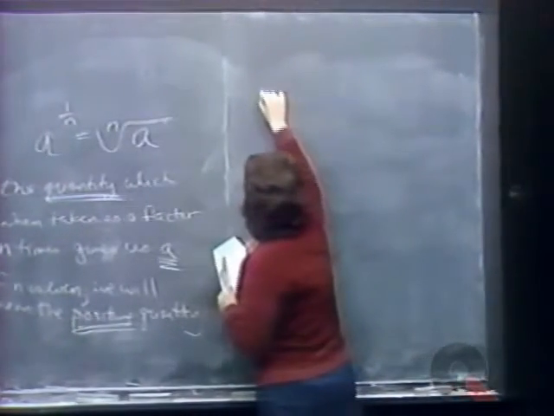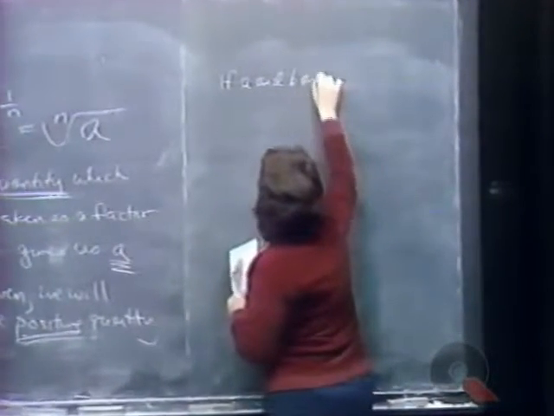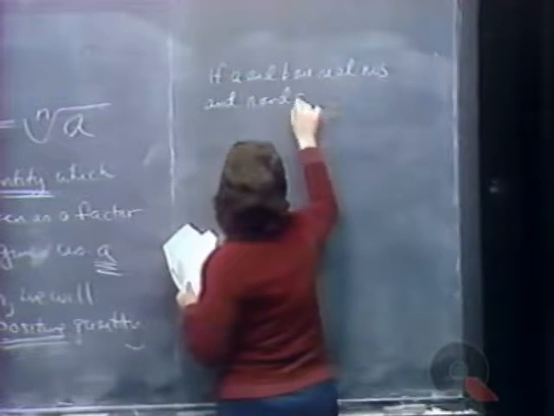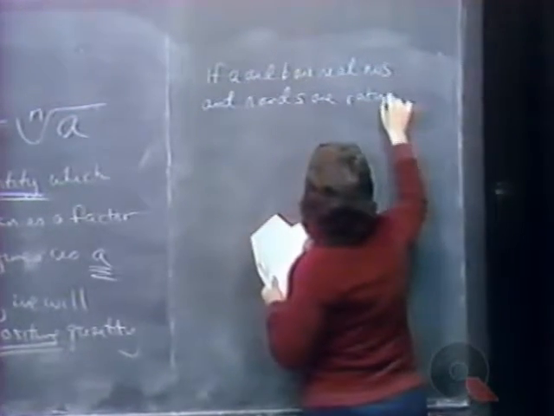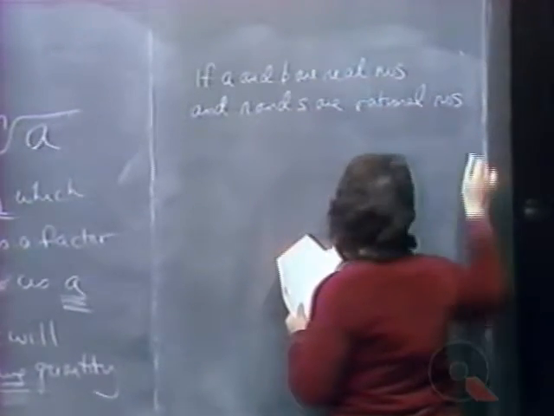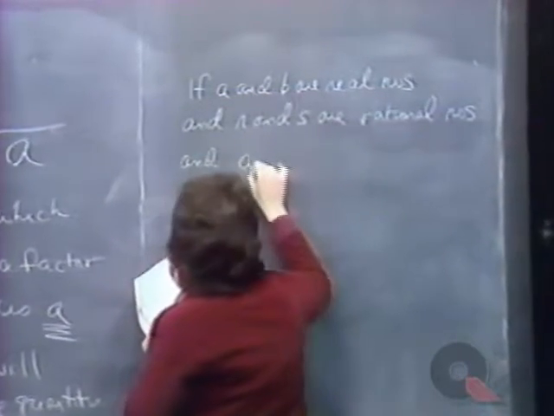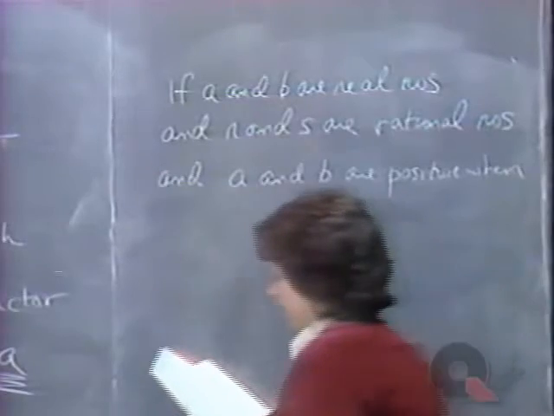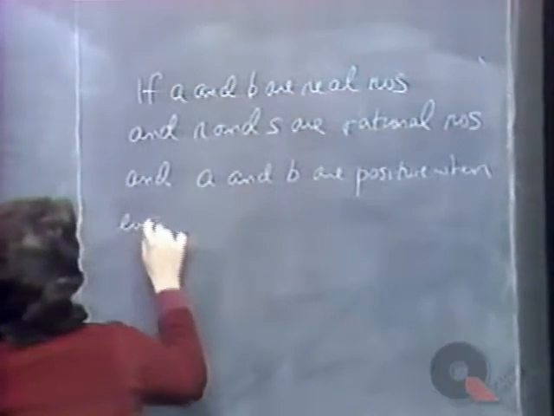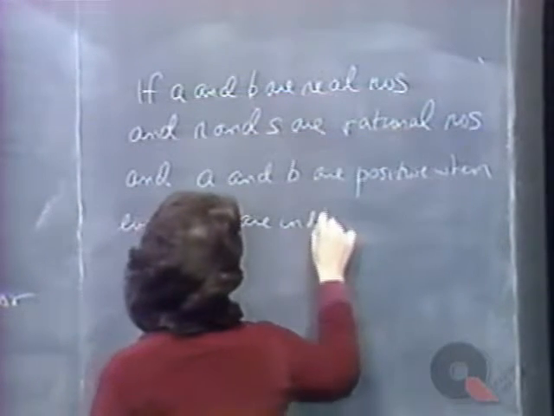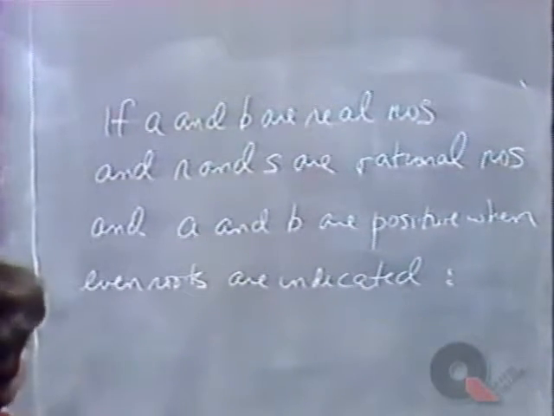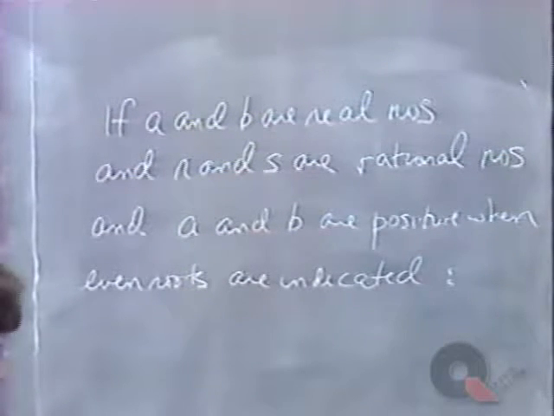So if a and b are real numbers, and r and s are rational numbers, and a and b are assumed to be positive when even roots are indicated, we have the following rules, which we've had before for integer exponents. They are now going to hold true for rational number exponents.